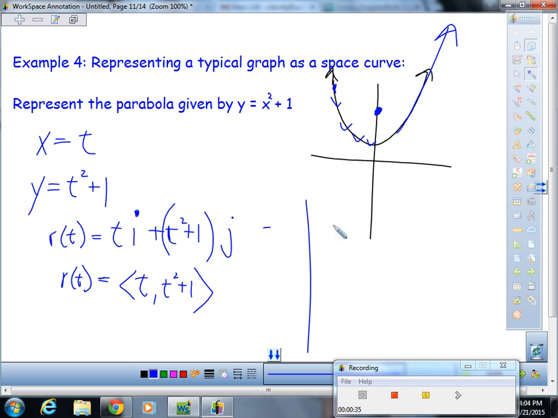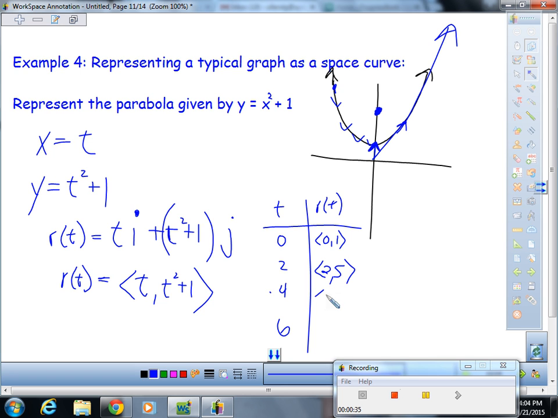Don't believe me? Just pop in some terms. T, and then r of t. Let's try 0, 2, 4, 6. See what happens. Well, at 0, you get the vector 0, comma 1. Well, good. That's this one. Okay. At t equals 2, you get the vector 2, comma 5. That's that one.